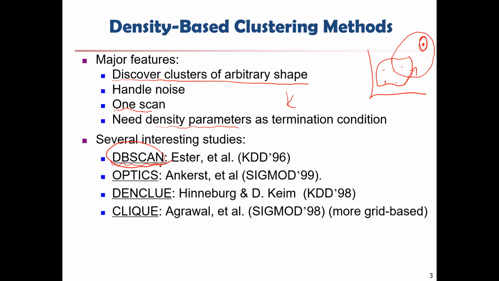Okay, and there is also an implementation of this algorithm called SCAN. It was published, I believe, in 2007 or 2008, and this idea was implemented for networks. You know, in social networks, you have links, right? And you may want to discover whether these people are forming a cluster or not. I did this in my research too.